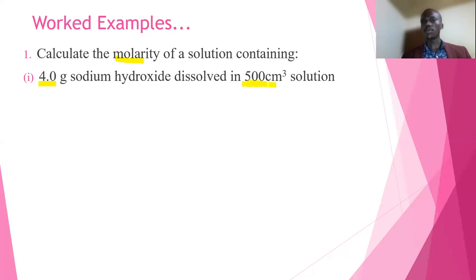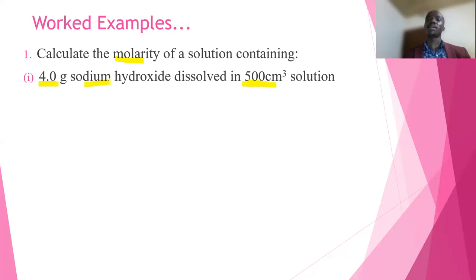So we have the volume of the solution, and at the back of our mind we know the 1,000, which will convert it to liters. Then we have the grams, but we don't have what? Moles. So can we calculate the moles of the sodium hydroxide? Yes, we can. Moles is the mass over the molar mass. We have the mass, and the molar mass of sodium hydroxide is 40.